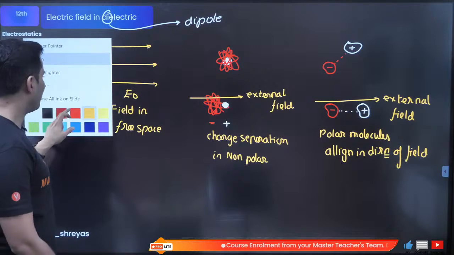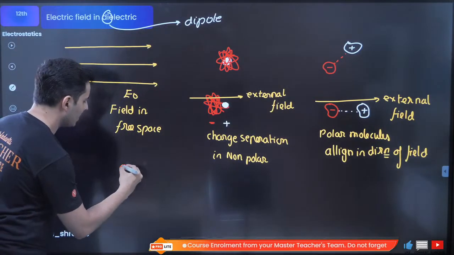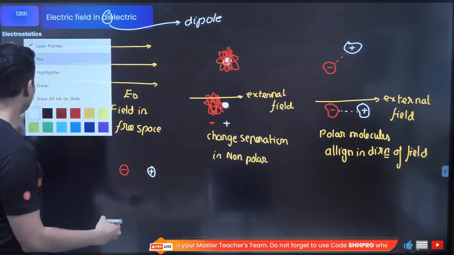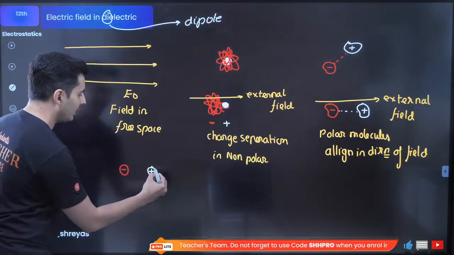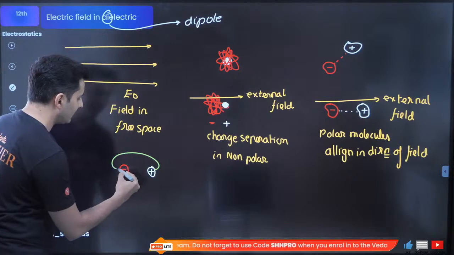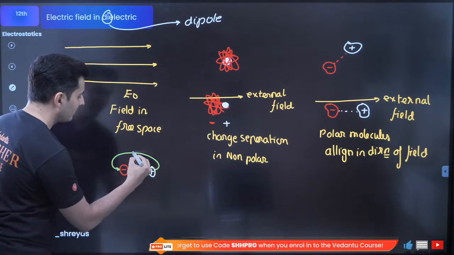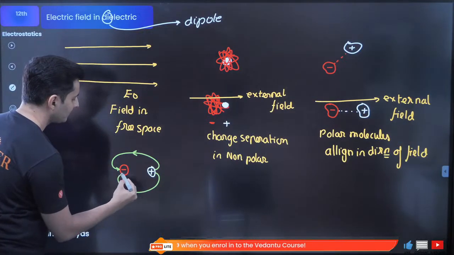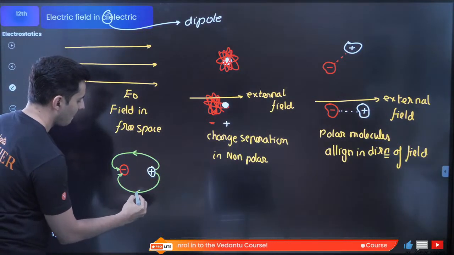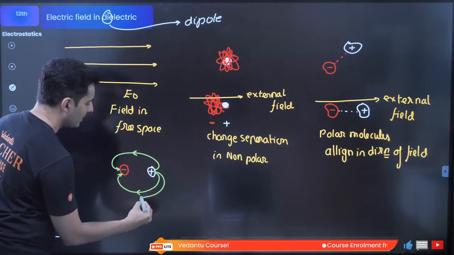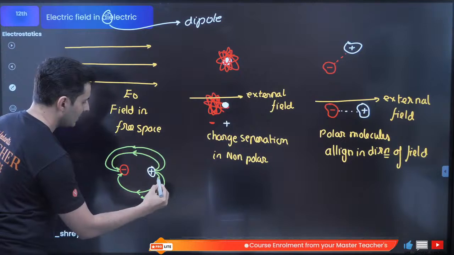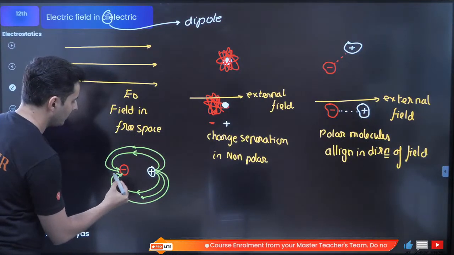See guys, the moment you have a negative charge and a positive charge, it creates an electric field around it, and that electric field travels from the positive to the negative charge. It goes like this. So you will see electric field lines going in this particular direction.